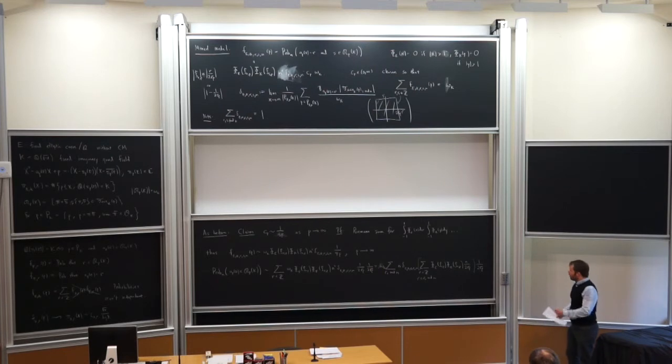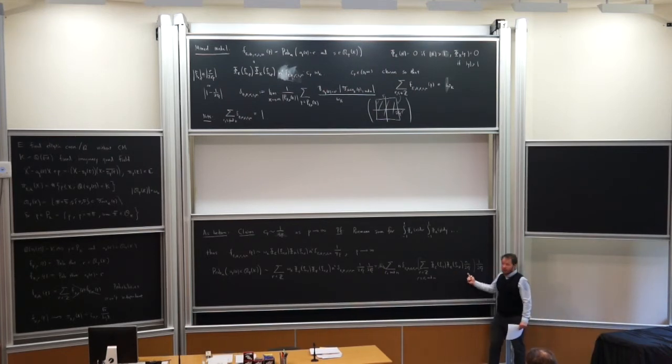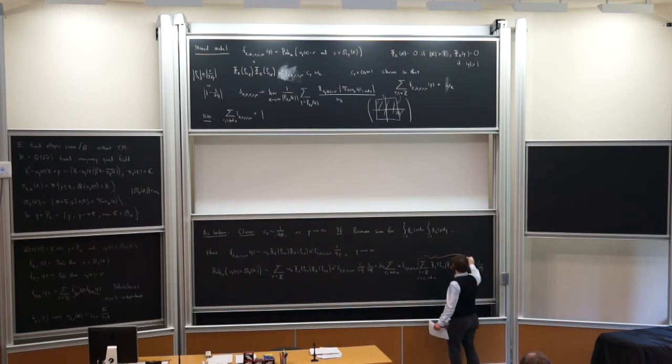And now again, this inner part here, if you kind of draw the picture and think about it, this is just a Riemann sum. These are the widths and so forth. This is a Riemann sum for this function.